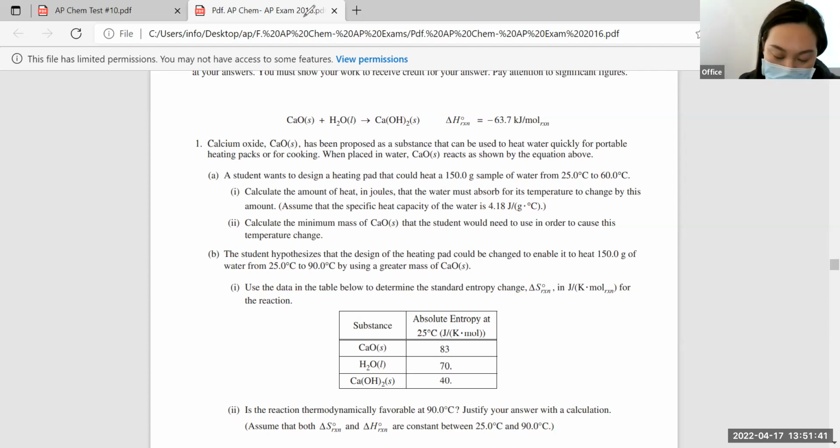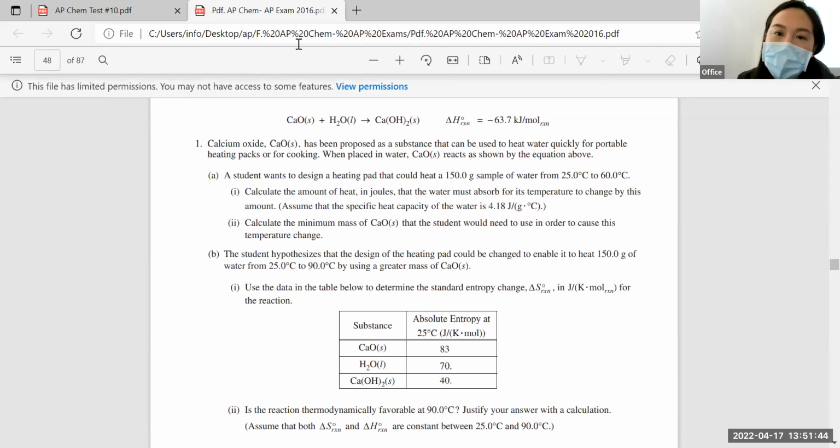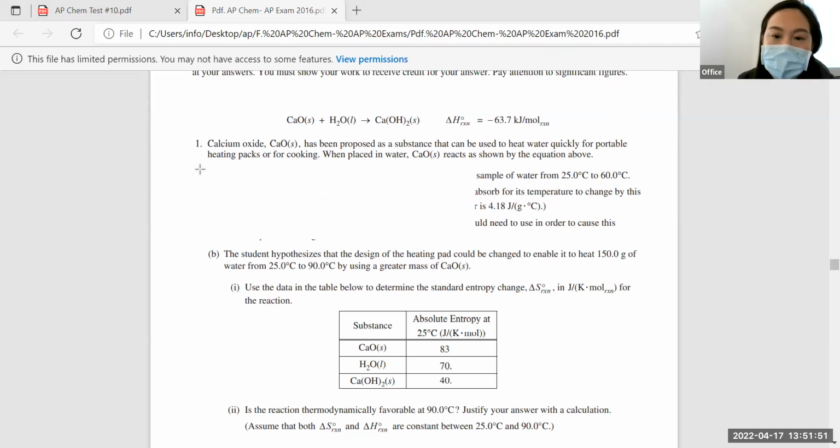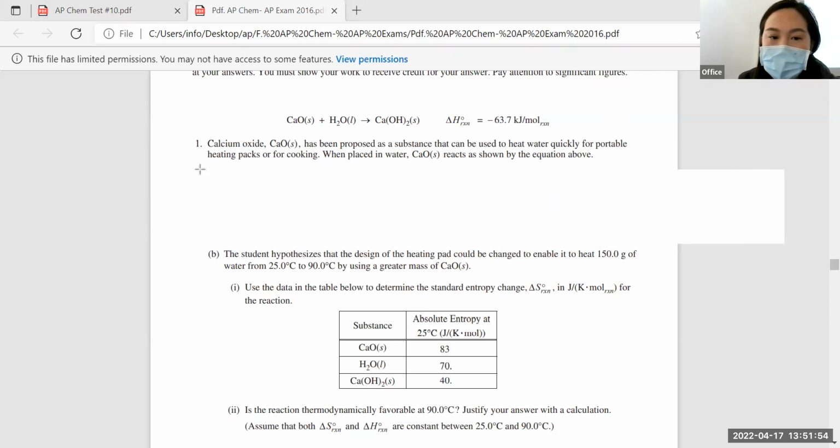Okay, so they want us to find delta S, our entropy change, and the values they give us are entropies. So we know it's the sum of the entropy of our products minus the entropy of our reactants.